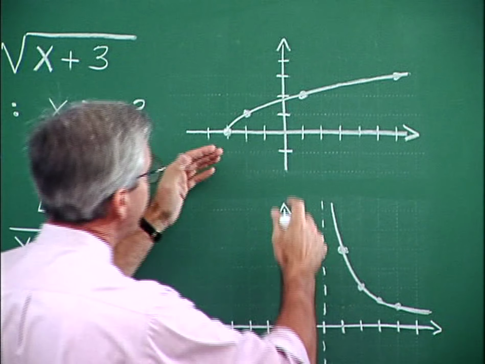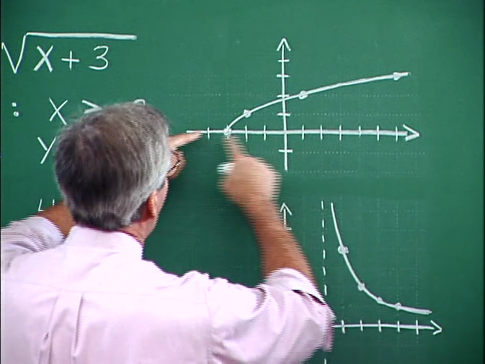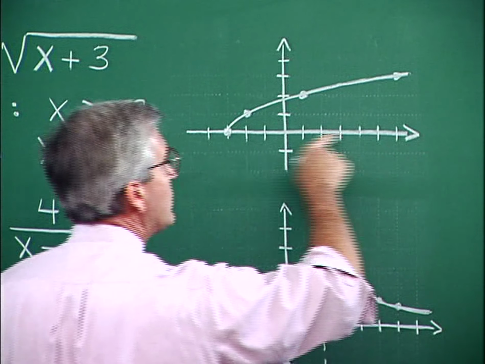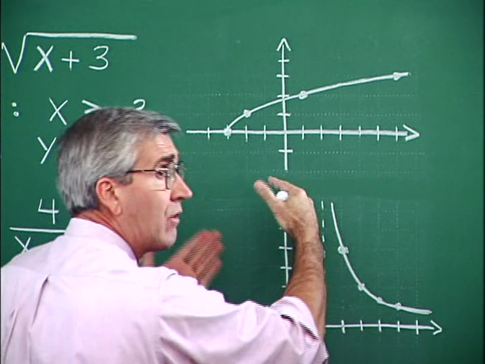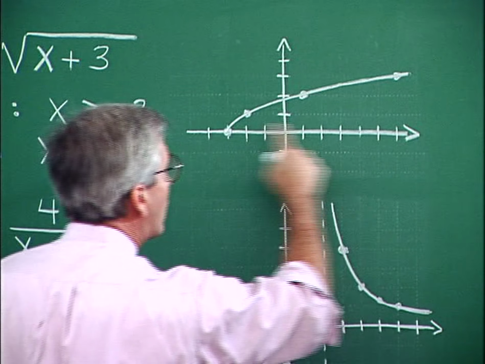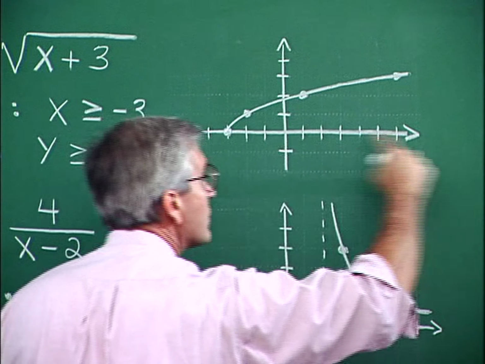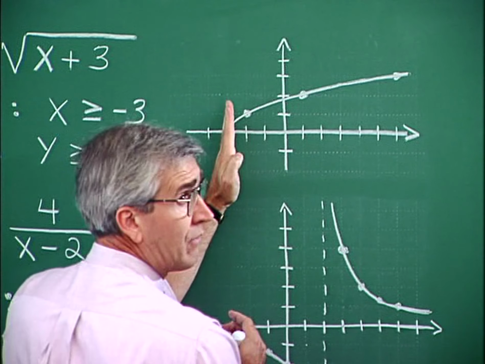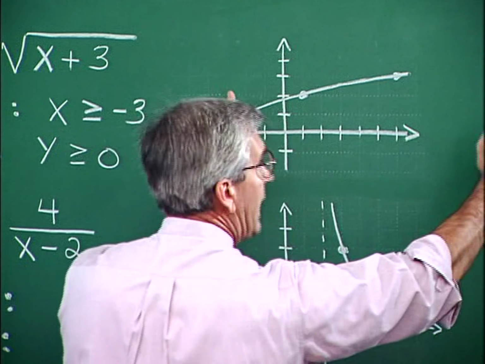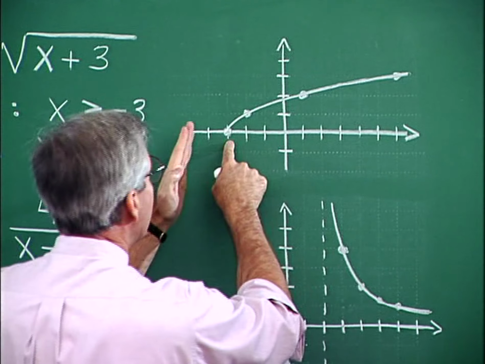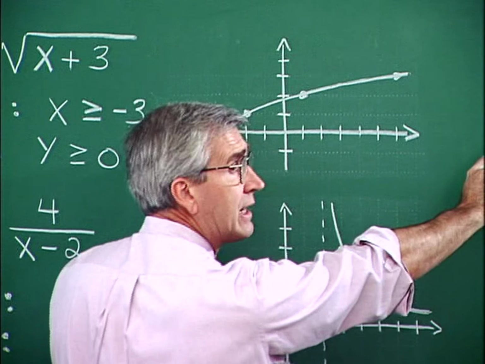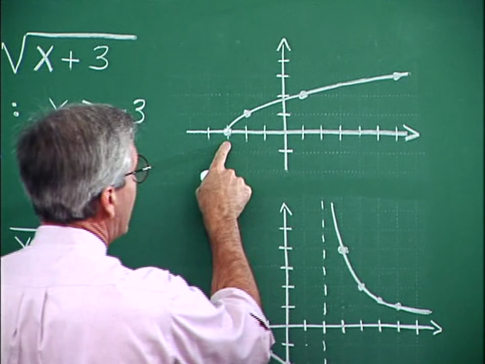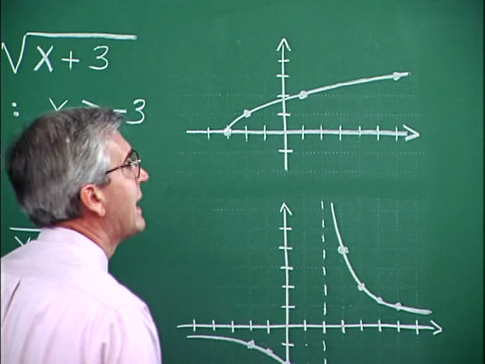Graphically, for domain, we are saying for what values of x do we have the graph defined? And this graph appears horizontally in the coordinate plane from here out to the right. So it's from negative 3 out to infinity. So the domain is x greater than or equal to negative 3.